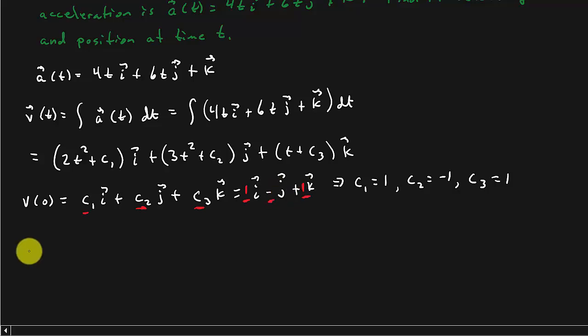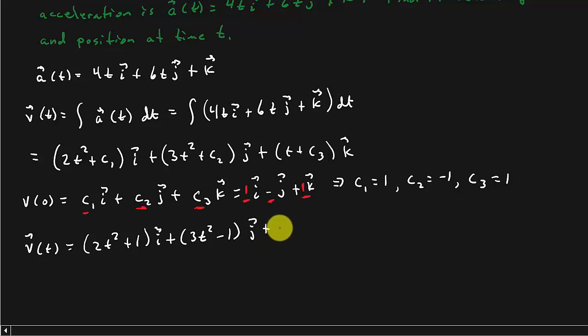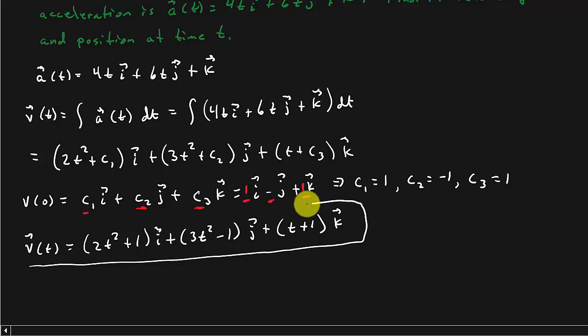So my velocity is equal to 2t squared plus 1, now I'm just plugging these in to here, times vector i plus 3t squared minus 1 times vector j plus t plus 1 times vector k. And that is your velocity vector.